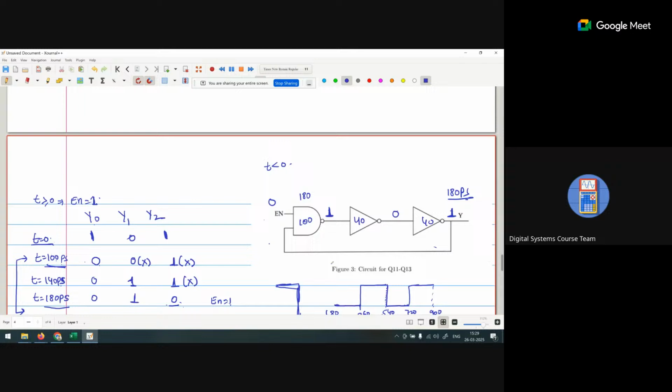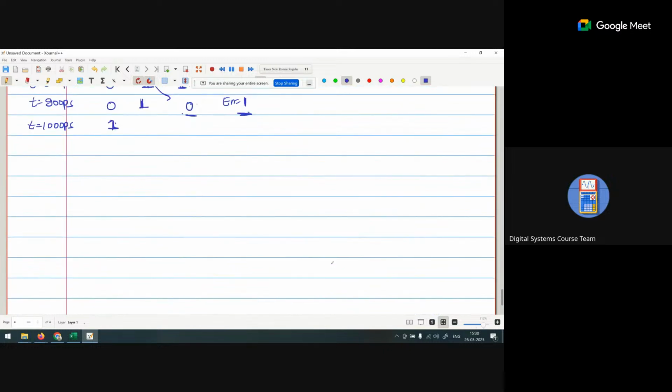Now this one is going to the feedback. 0 1 0, so this again takes 180 picosecond. After that it is a 1. If enable is 1, it is a tri-state buffer circuit, and this circuit will be like this.